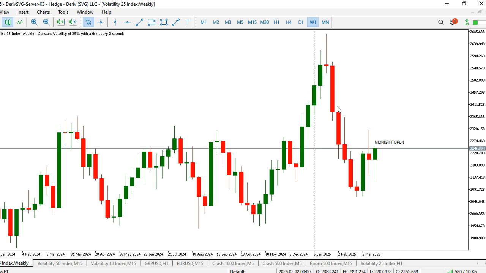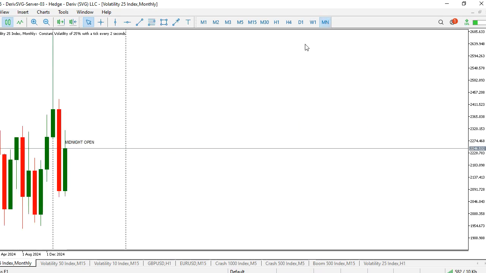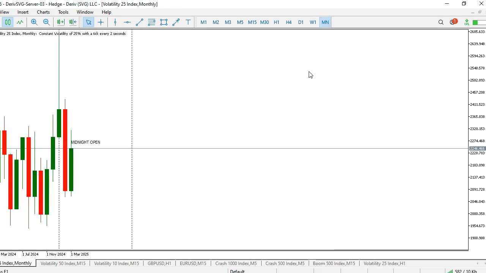But I've seen that it is going to be a continuation day to end the week. So I've gone to my monthly time frame too. I've seen what I want to see: a higher time frame PDRA that is causing the rejection. So I've seen the alignment of my daily, weekly, and monthly time frames.